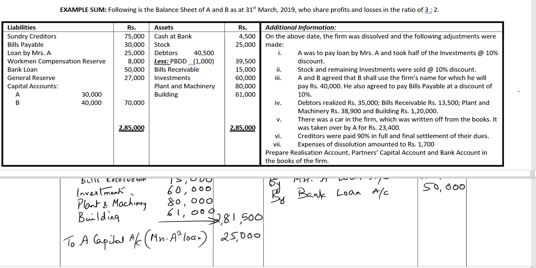A is taking over investments, half of the investments at 10% discount. And there is another item in the fifth point, the motor car, which was written off from the books of the firm. It was taken over by A for ₹23,400. So A takes over two assets by A capital account.